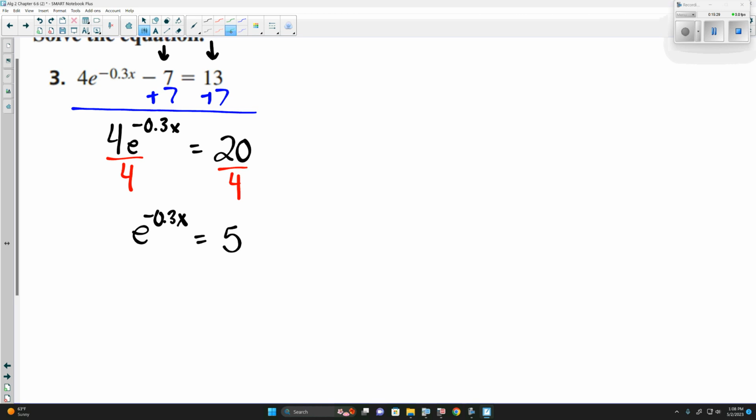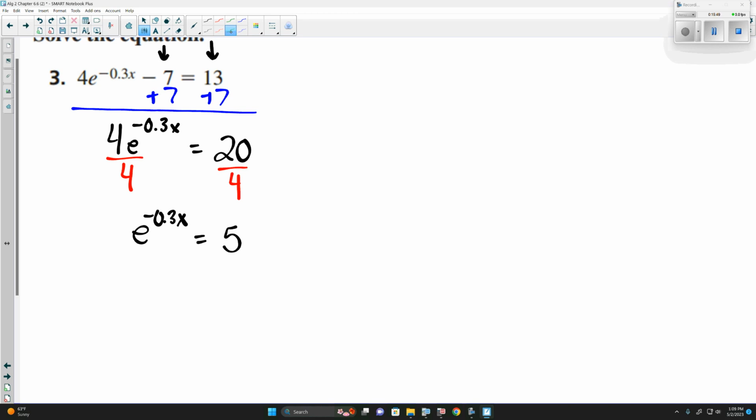Any questions on any of this here? Now we do need to get rid of e and get the exponent out of there. Just like with the previous ones, we can use logarithms. We want the base of the logarithm and our base to be the same, yes?